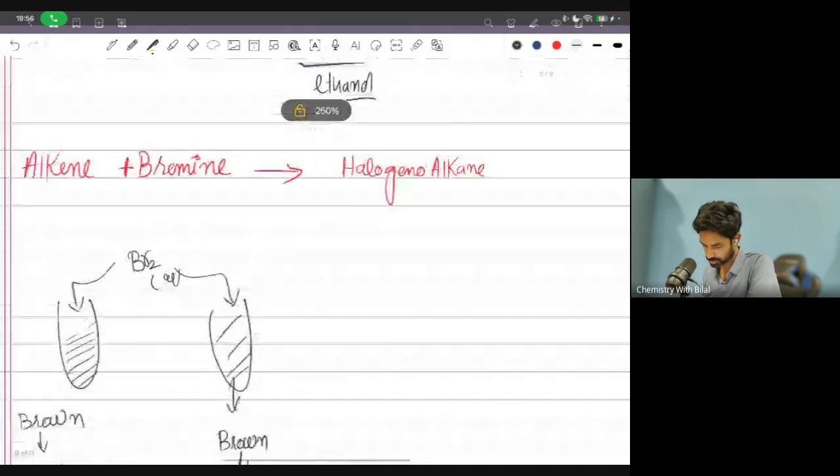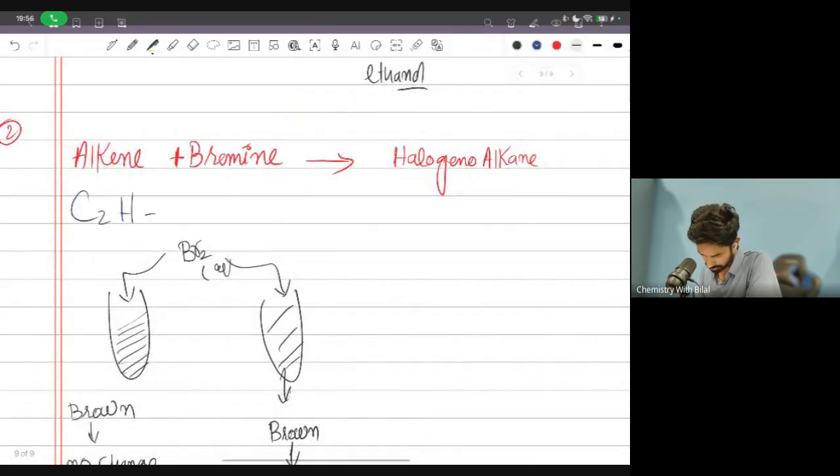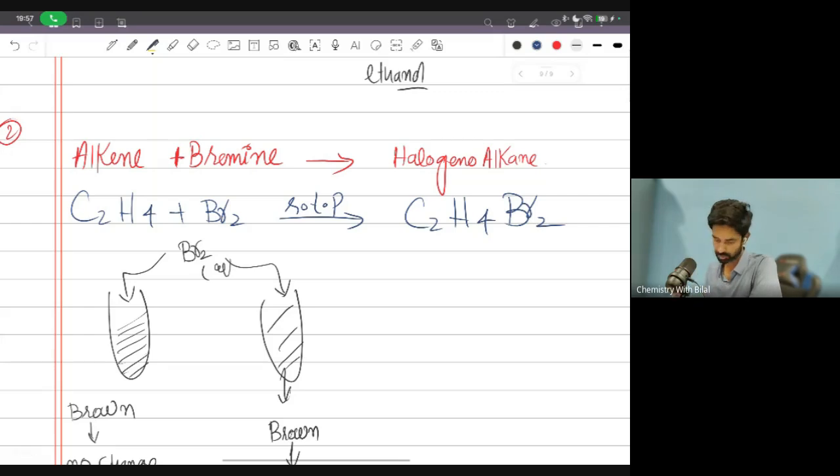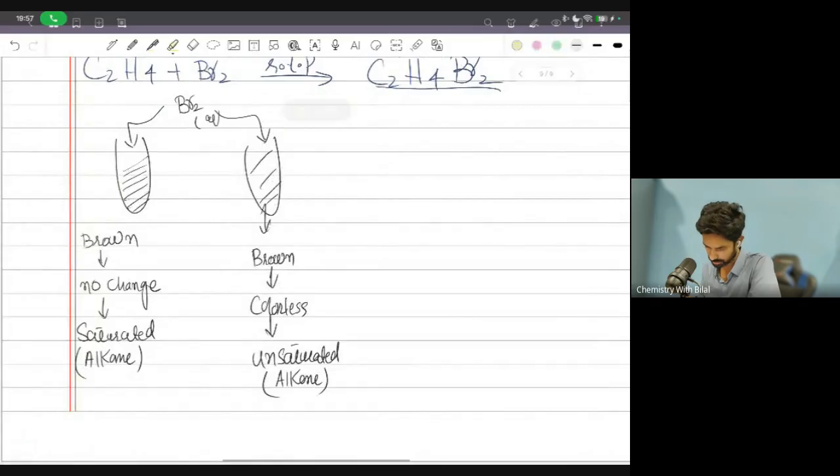So this is an extremely important reaction which helps you. For example, C2H4, you added bromine. No condition is required, just room temperature and pressure. Br2 will be added, and if it is added, that means the brown color will go colorless. If brown goes colorless, it means it is unsaturated and it is an alkene.